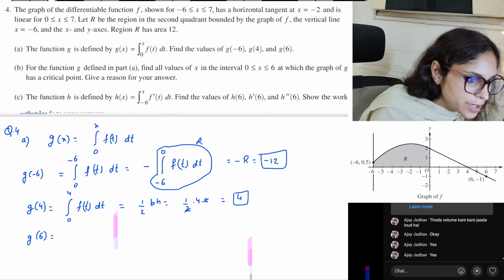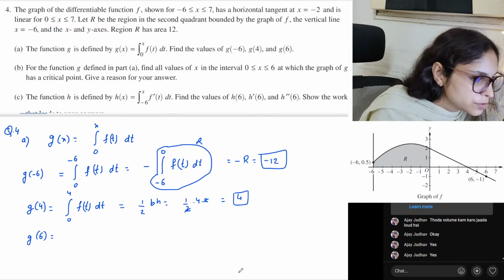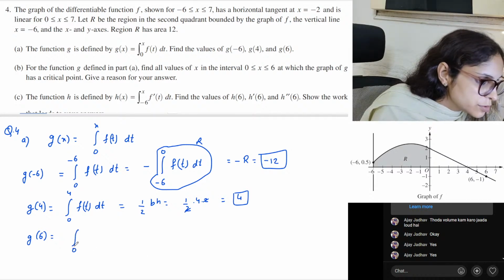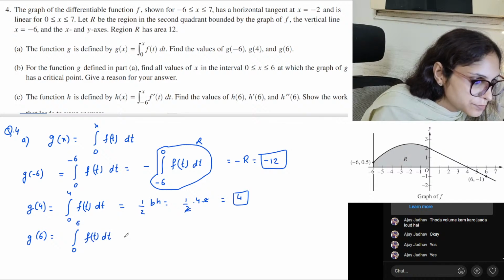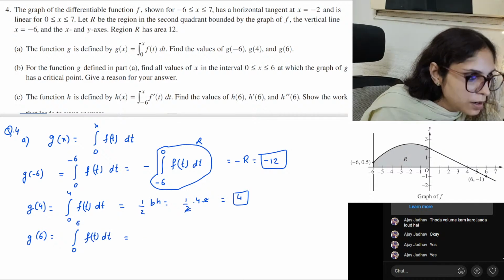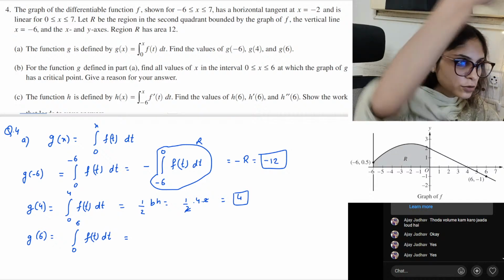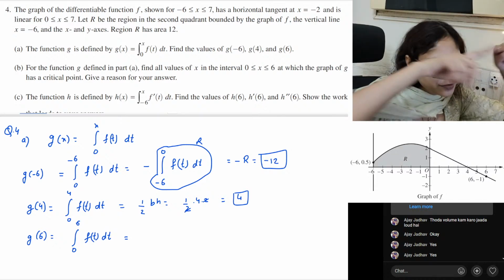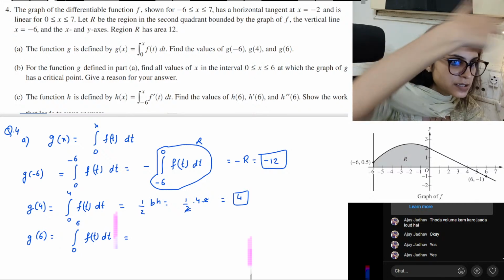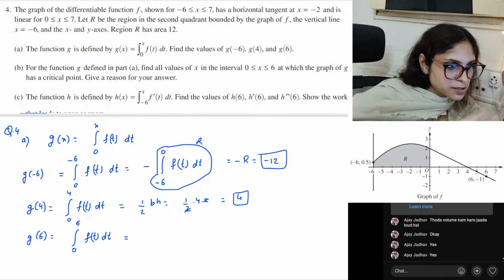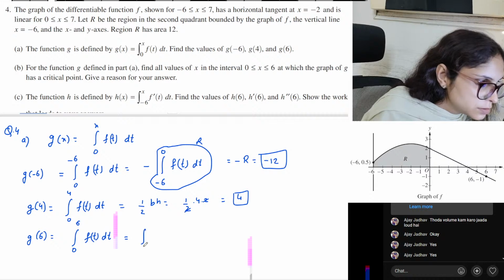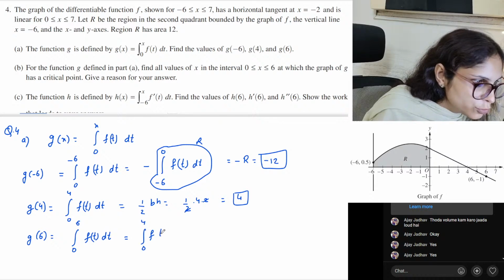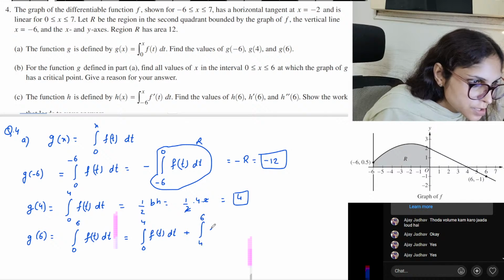Next you have to find g of 6. That means you're going from 0 to 6 of f of t dt. From 0 to 6, there are two different triangles. One is above the x-axis, the second one is below the x-axis. So here we can write the integral from 0 to 4 of f of t dt plus the integral from 4 to 6 of f of t dt.